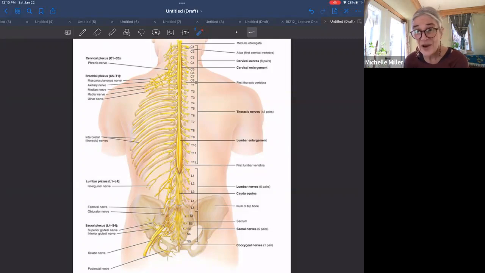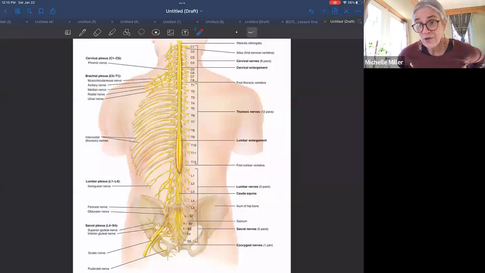Now, something very interesting about our spinal cord is that it doesn't come down as far as you would think it does. Notice where my ribs are right here. You can feel where the bottom of your rib cage is, and then follow it back, and that is about where the end of your spinal cord is.